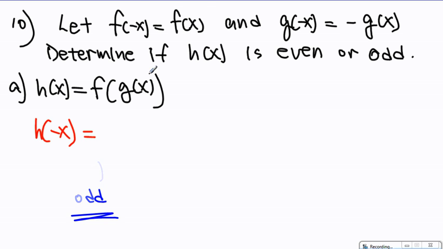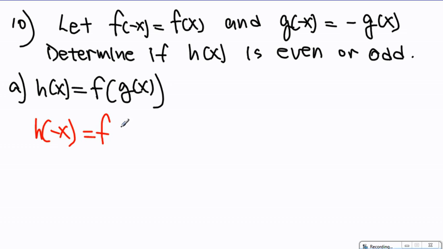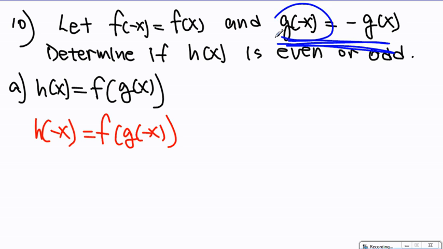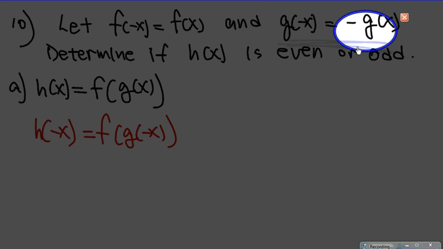When you plug in negative x, then we will end up getting f of g of negative x. All right, now how are we going to evaluate this one? When you look at the upper portion right over here, you'll see that g of negative x is in fact equal to negative g of x.